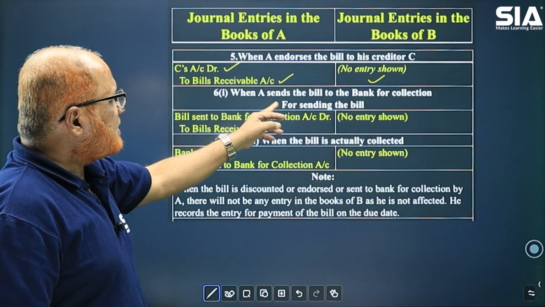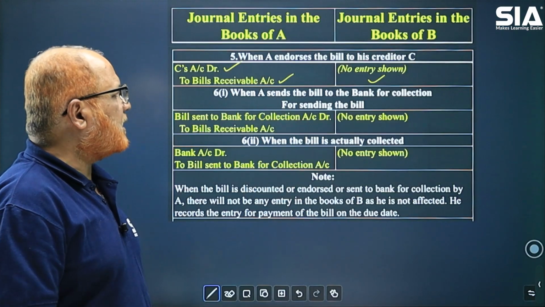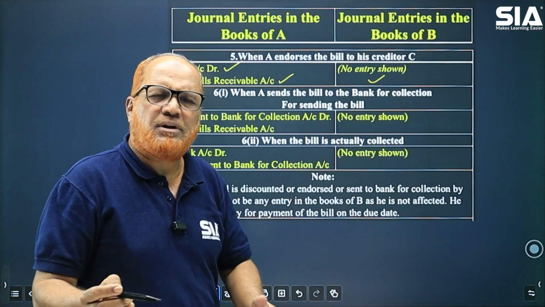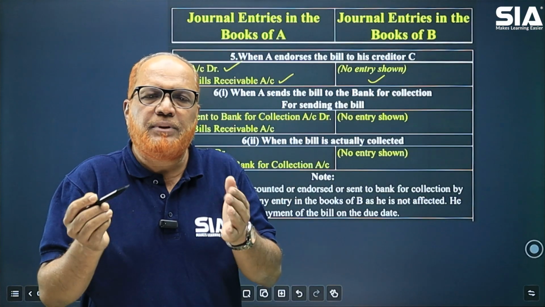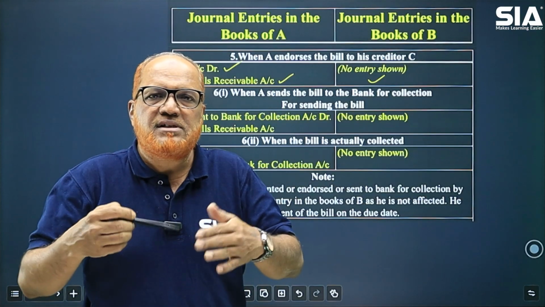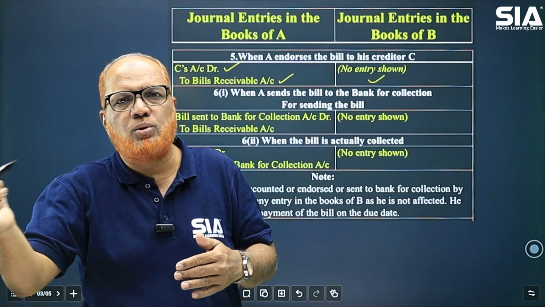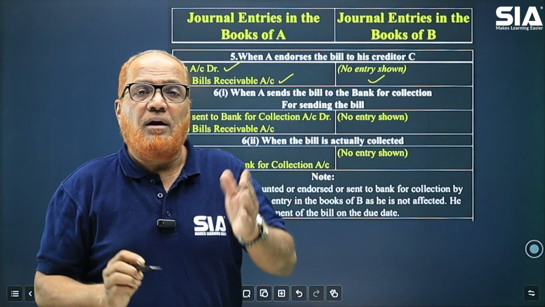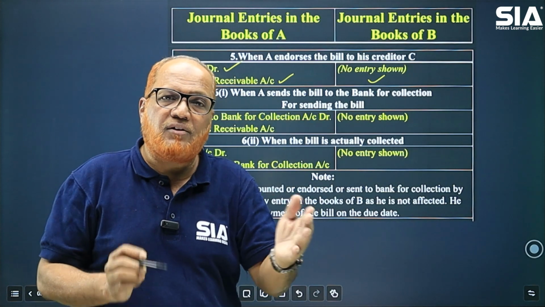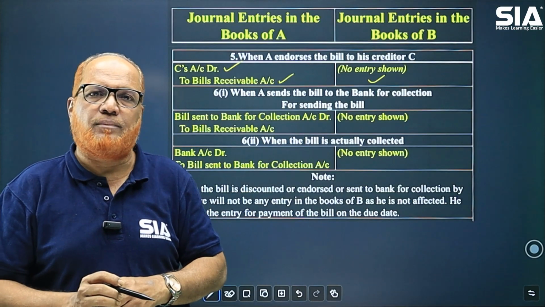Now, when A sends the bill to the bank for collection, sometimes the drawer will not keep the bill with himself. He will send all these bills to the bank for collection. He is not discounting. Discounting the bill is different from sending to the bank for collection.